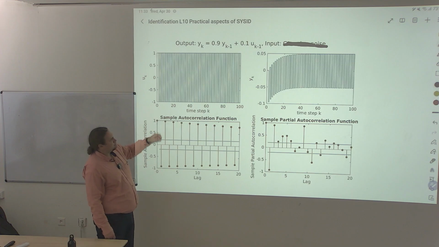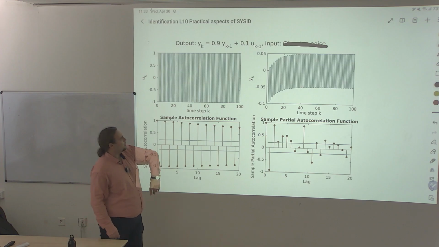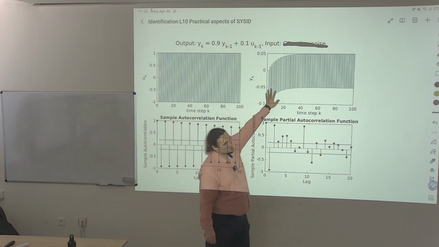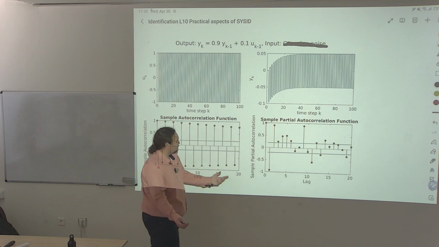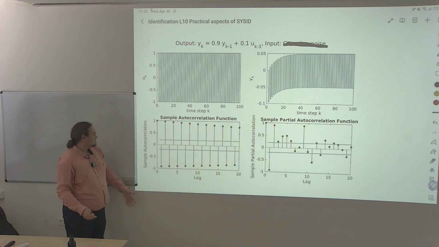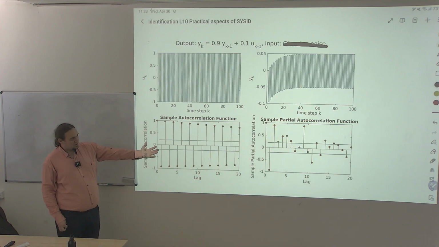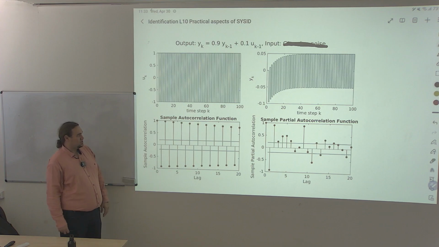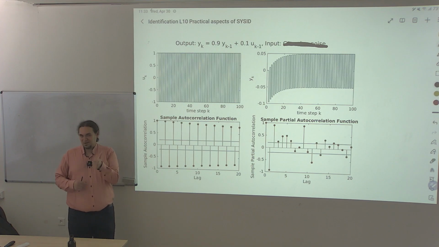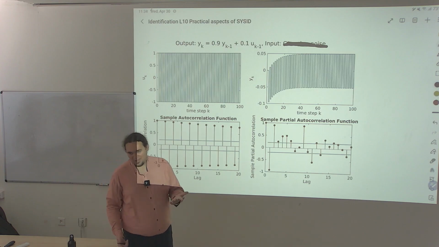It's just jumping 0, 1, 0, 1, 0, 1, 0, 1. This is how the output looks like. We can easily simulate it. The picture is changed slightly, right? It's the same system, just the input changed.